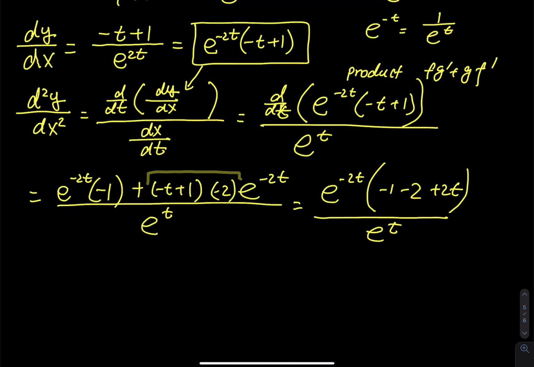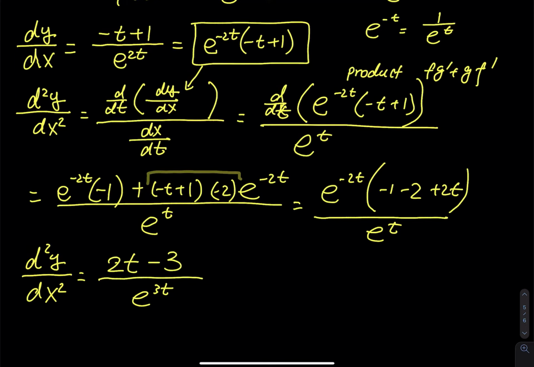So the second derivative, you bring the e to the 2t to the denominator. Let's just bring it down. So that will be e to the 3t, and then we have 1 minus 2, which is a -3. So you have a 2t minus 3.